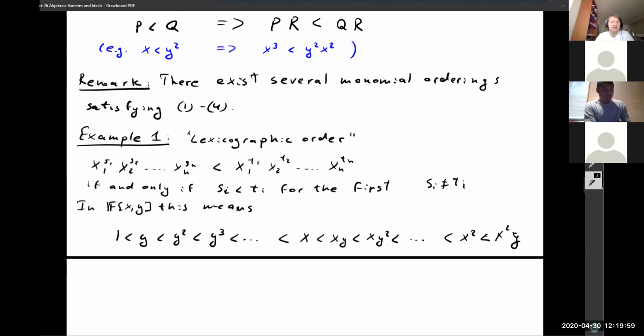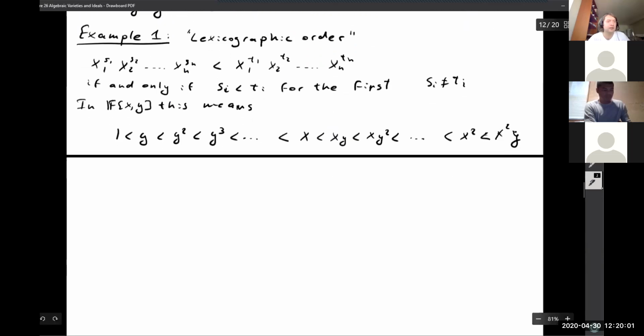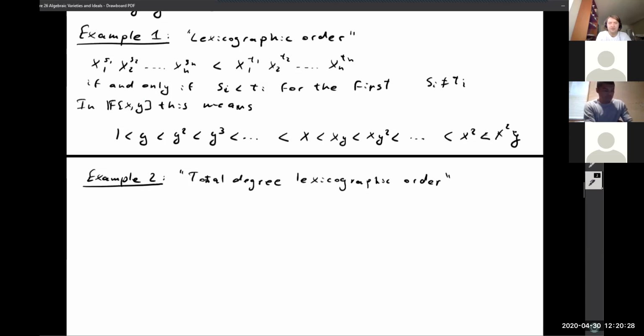Another example would be the so-called total degree lexicographic order. Here you first compare the total degrees of monomials, and then you compare the degrees of the first variable, the second, the third.